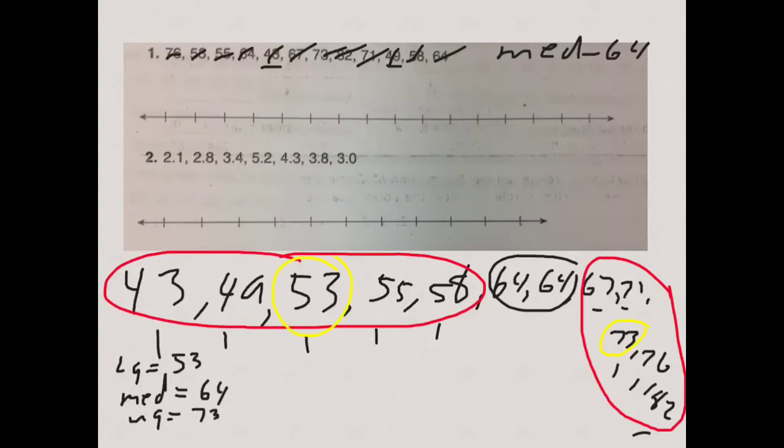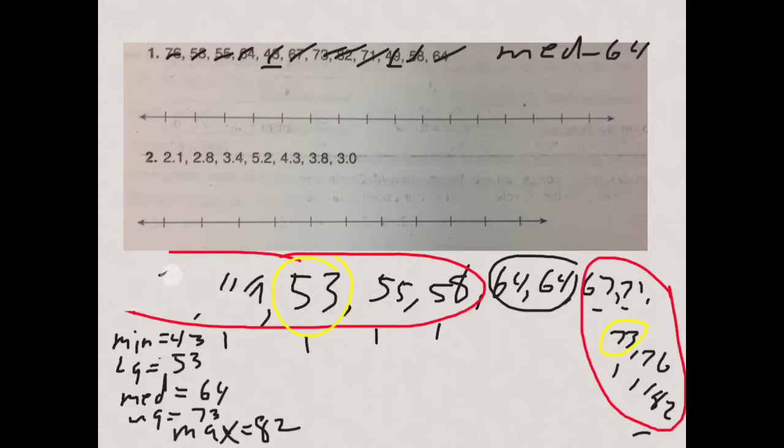Now, what is my lowest number, or my min? It's going to be 43. My max is my greatest number, which is 82. So let's put it right here. Once I have all that information, let me clean this up a little bit.